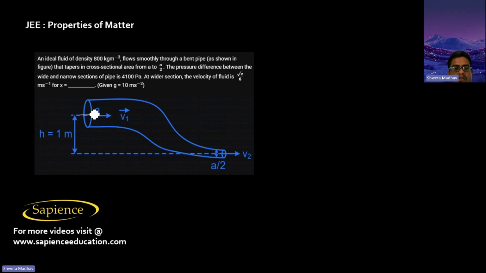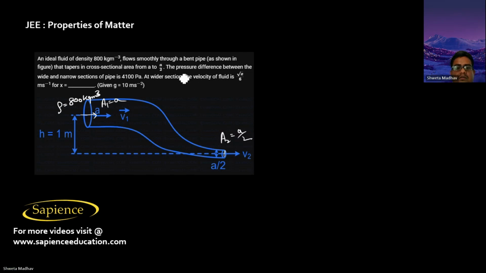So here I can say the area A1 is equal to A and the area of cross section A2 is equal to A by 2.